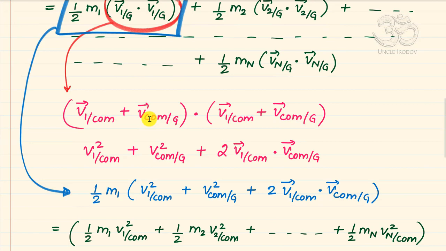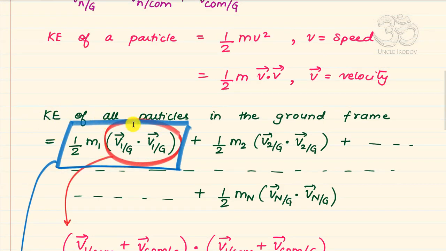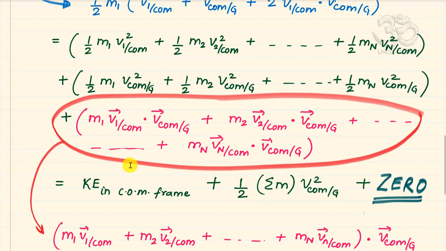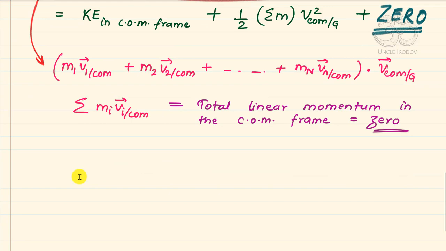The final result. So the final result is KE of all the particles in the ground frame. Let me just make a note of it here.